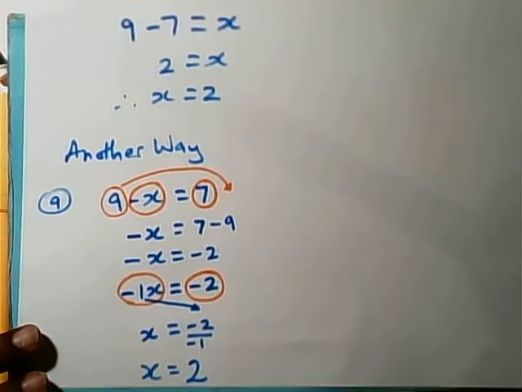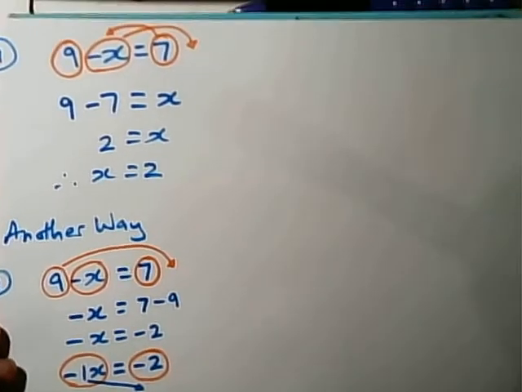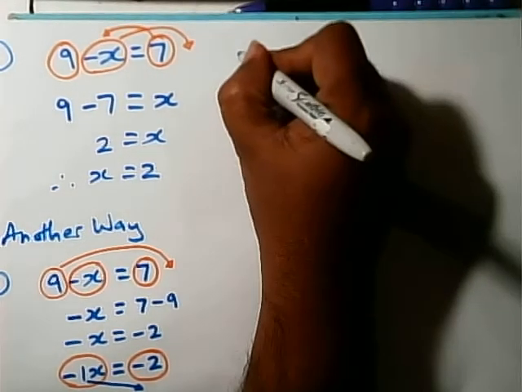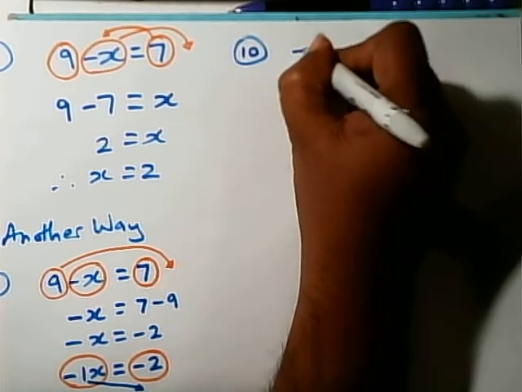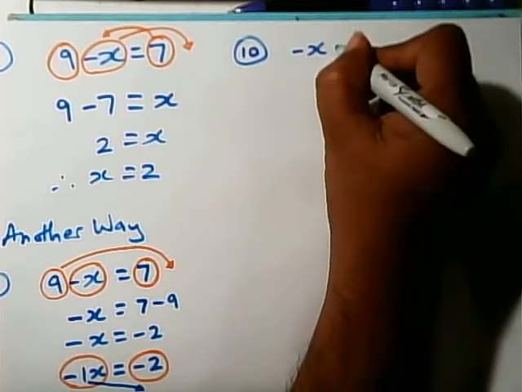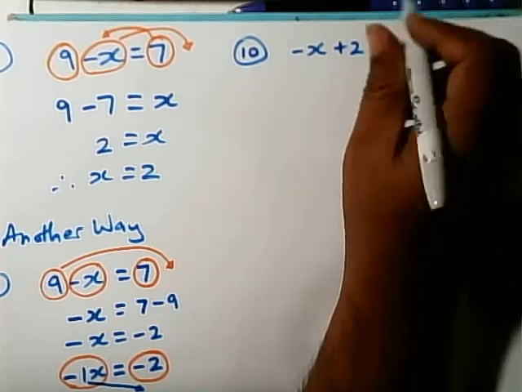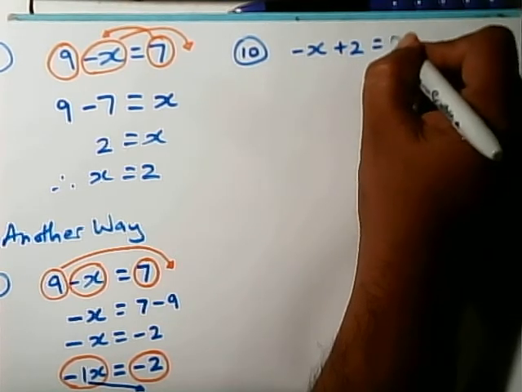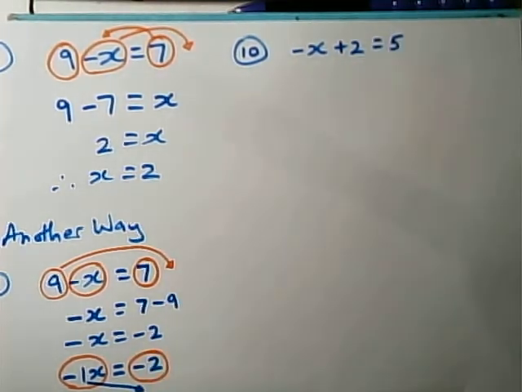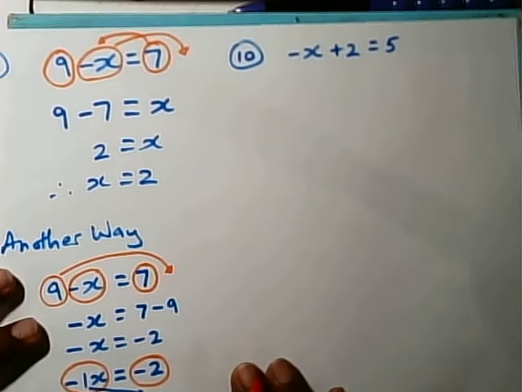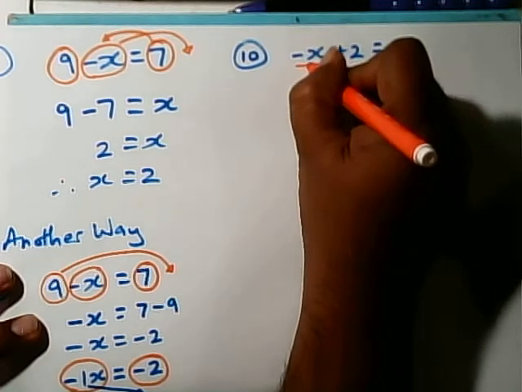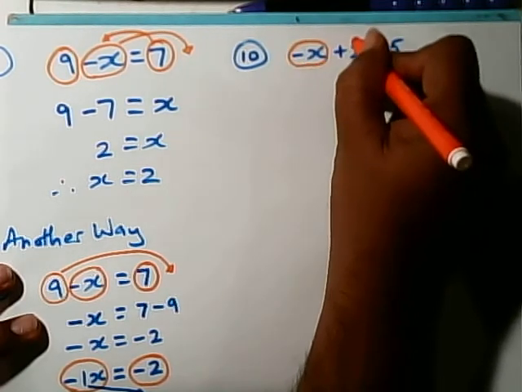Moving on to question 10. Negative x plus 2 is equal to 5. Let me circle my terms first.